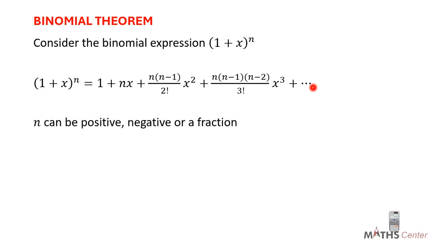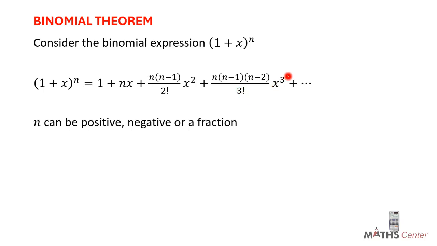The first term of the expansion will always be 1. The second term will be nx. Now for the third term, look at it. We have n into bracket n minus 1 divided by 2 factorial, then x squared. The next term is n into bracket n minus 1, n minus 2 divided by 3 factorial x cubed.